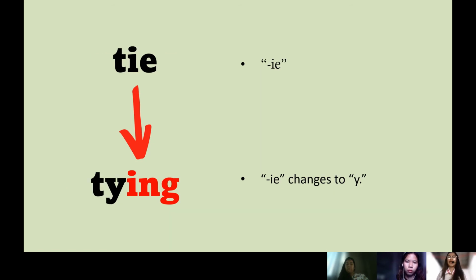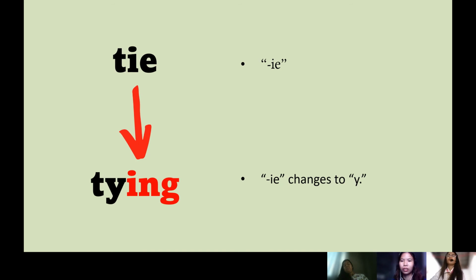Okay, next. How about the word tie? How do we change it into present participle and gerund? We substitute po the sound of IE as letter Y po. So it's T, Y, and the ING form po. Okay, great.